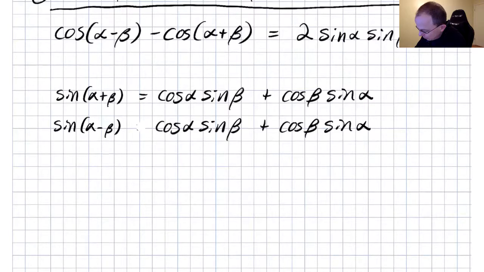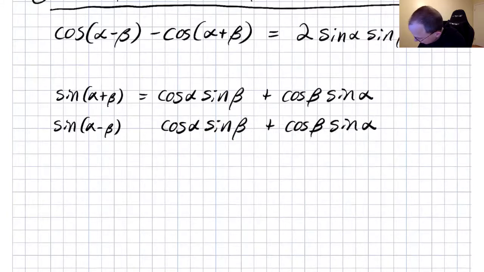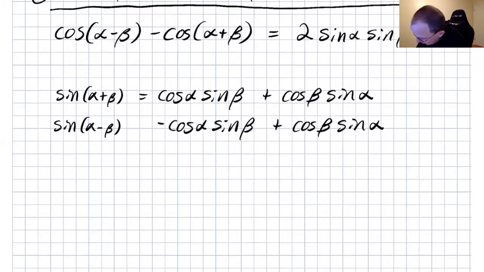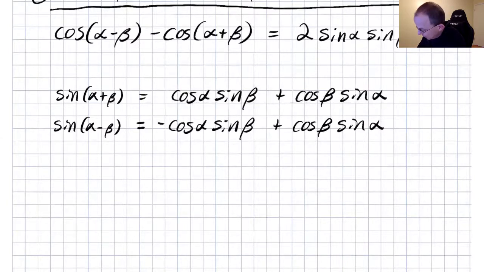I just need to make a little bit more room for this. Maybe I'll just move this over a little bit. So I get a minus there, but then the other one I don't get a minus, right? Because cosine is even. So cosine minus beta is just cosine beta. But because here's the sine beta, I get a minus sign. And now we just add those together.